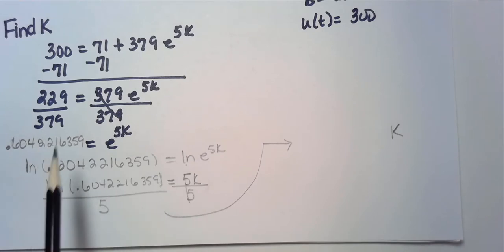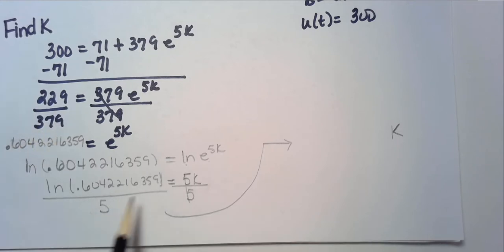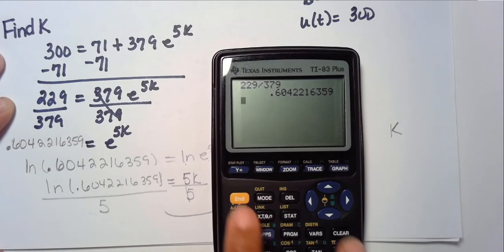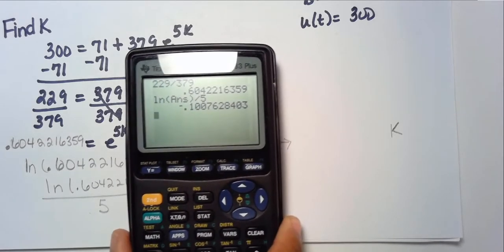Now, if you wanted to, you could have said ln of 229 over 379, then divide that by 5 instead of having this in decimal form. But let's go ahead and I'm going to type ln of my previous answer and then divide that by 5. And you see what we have for k.